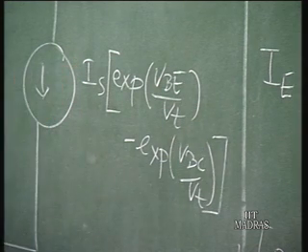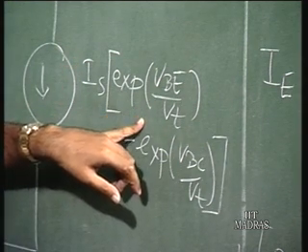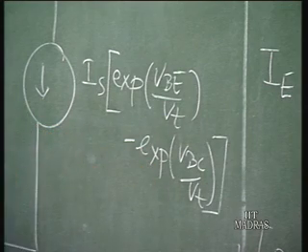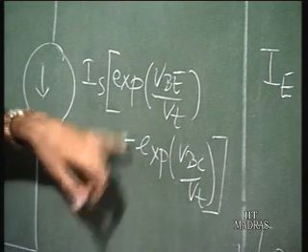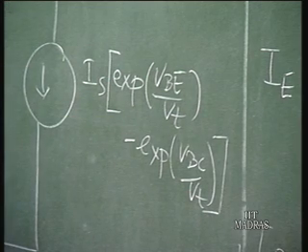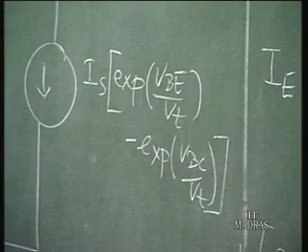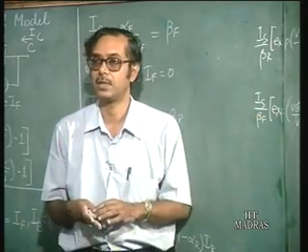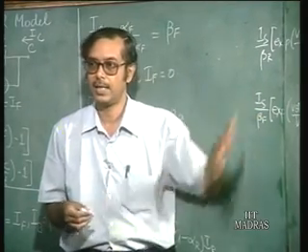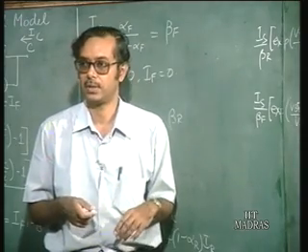That is when you have a constant VBE, say VBE is almost constant, and you go on changing the base collector voltage. So, the current will be almost a constant. This gives us the relations between the terminal voltages and the currents, and this model is used in different circuit simulators.